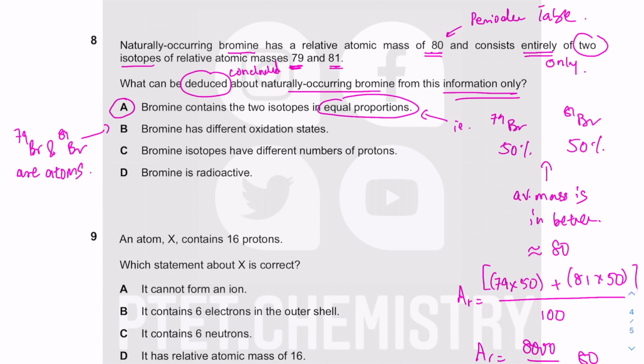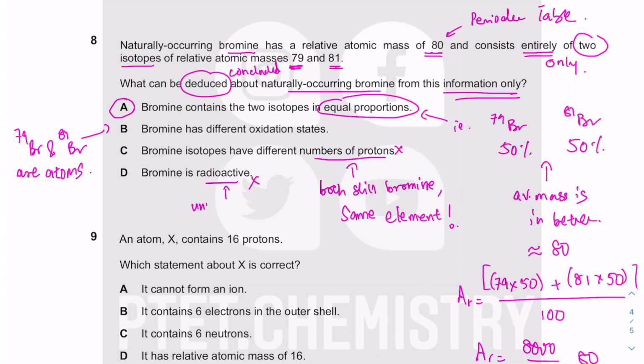Different number of protons is incorrect. Both are still bromine. If you are still bromine, you are still the same element. If you are the same element, how can you have different proton numbers? And bromine is not radioactive at all.